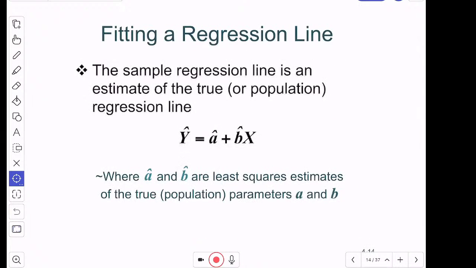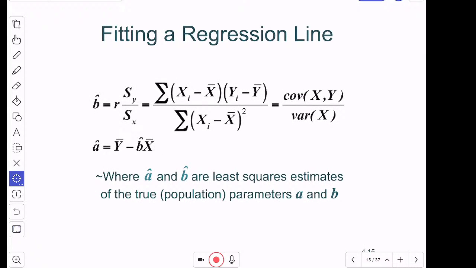I already said that. And here I use the hats, right? To remind you that we're just estimating that true regression equation. And it's solved for one, if you remember, when it's just two variables, when it's x and y, the solution looks like this.